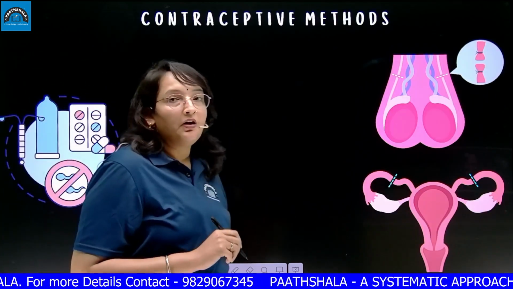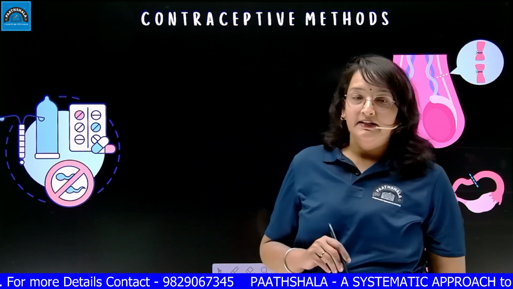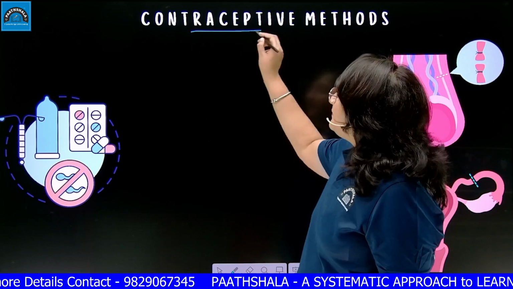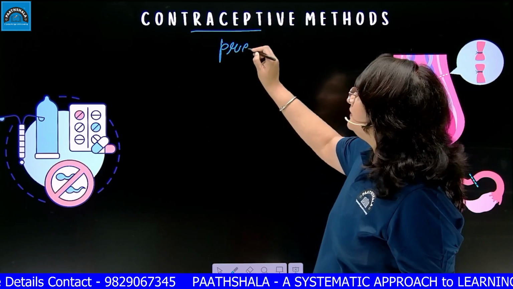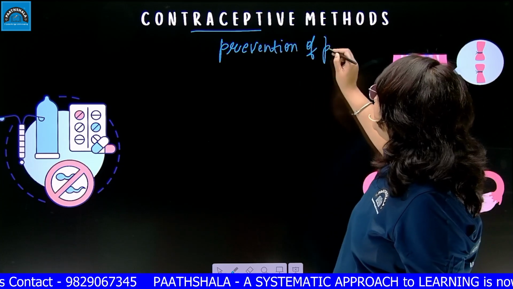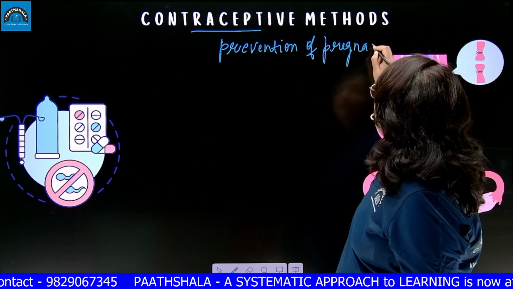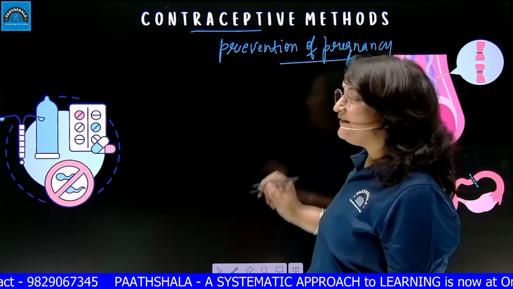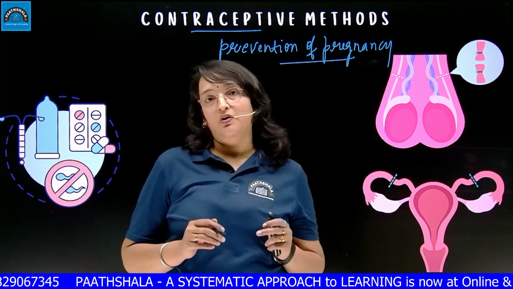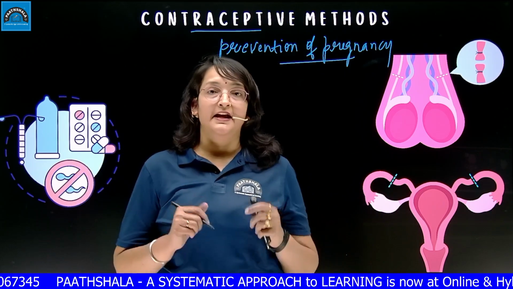Now we will talk about contraception. It is a short topic given in your NCERTs also. Contraception means prevention of pregnancy. Why are we talking about it? Because we know the biggest problem of our country is population explosion.